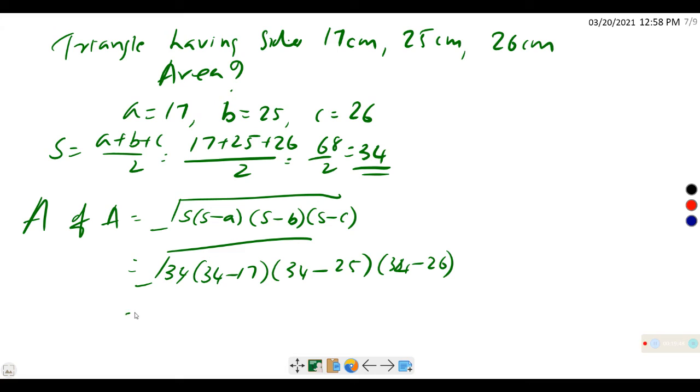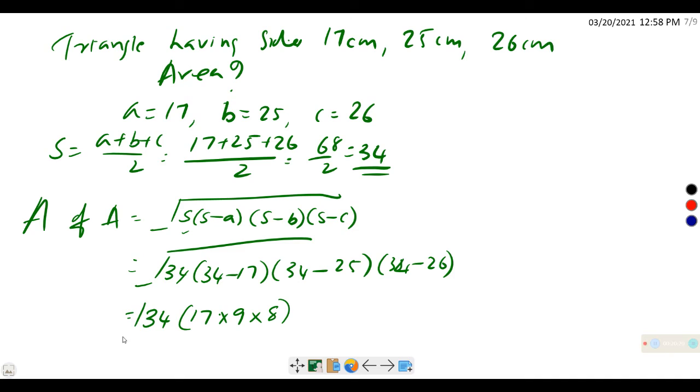Now it became pure arithmetic. We are having 34 all over here, and we'll be getting 34 again. 34 into 34 minus 17 is equal to 17 itself, into 34 minus 25 is equal to 9, right, into 34 minus 26 is equal to 8.